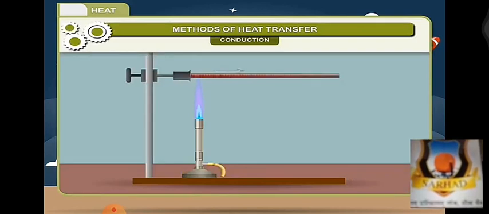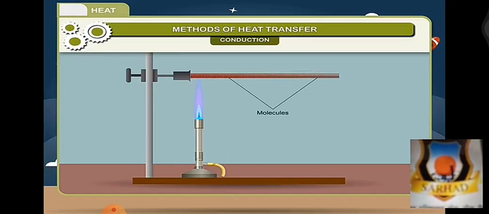When an object is brought near a source of heat, the molecules closer to the source get more energy. When these molecules collide with their neighbors, they transfer some of the energy to their neighbors. These molecules now collide with another set of molecules.